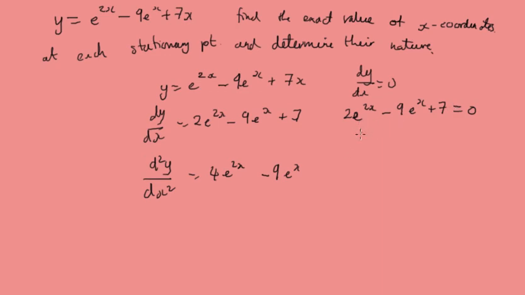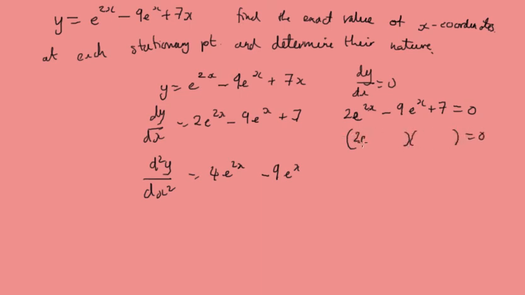Now, this is like a form of a quadratic equation, so we're going to factorise it. If you think about it, e to the 2x is like the squared term in our quadratic equation.